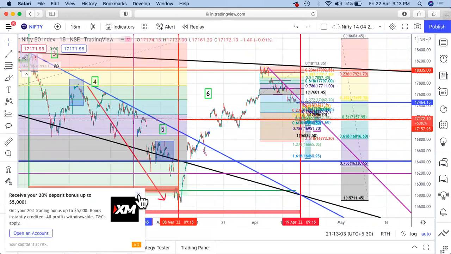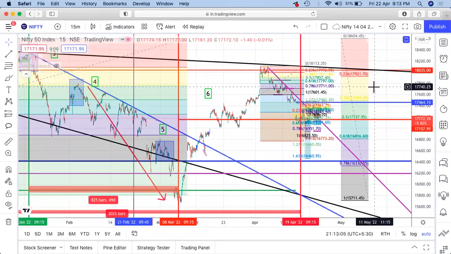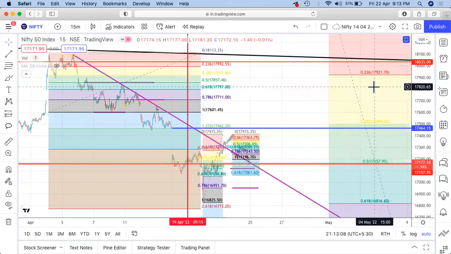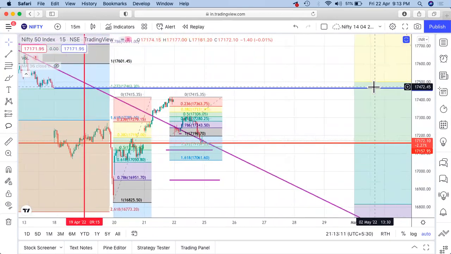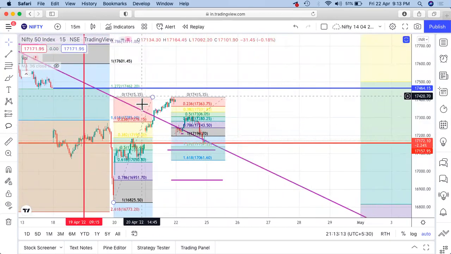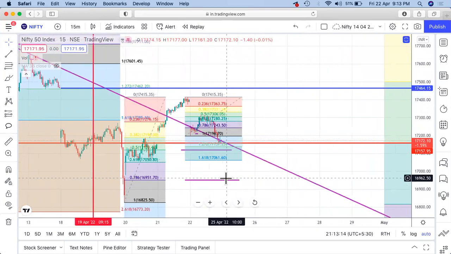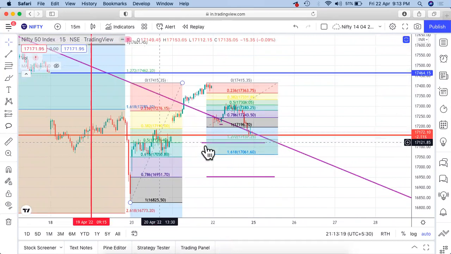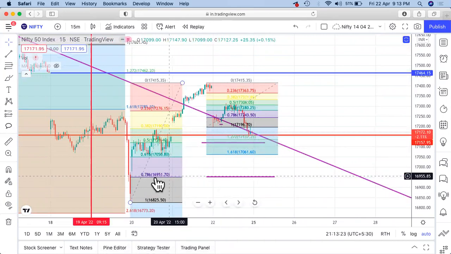So there are different scenarios. One scenario is that the market takes support at this 0.5 level. If that support is not taken, probably it will start moving down to this range. This line which has been marked is the 0.5 level and this is the 0.76 level.